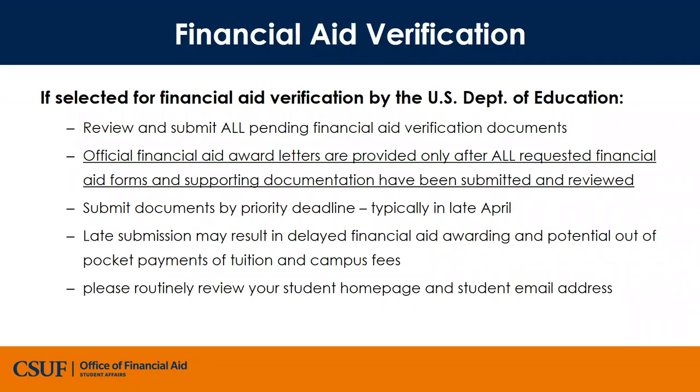We highly encourage you to submit all forms in a timely manner. Late submission of financial aid documents may result in a delayed financial aid awarding and potential out-of-pocket payments of tuition and campus fees.